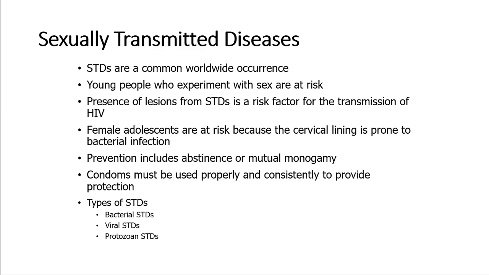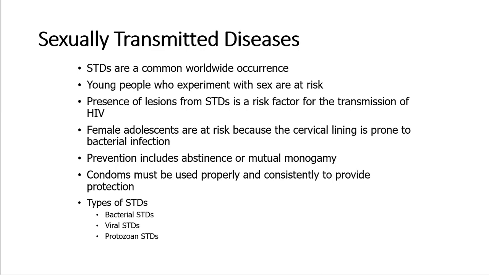Usually the young people who are experimenting with sex are at risk. Female adolescents, the younger females, are at risk because the cervical lining has not, let's just face it, it's because they haven't had sex long enough as the adults.